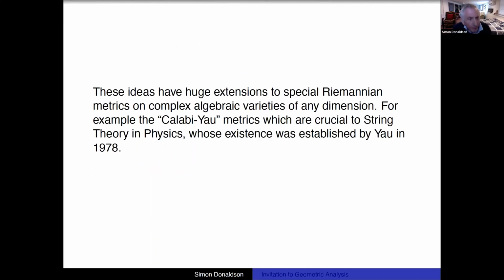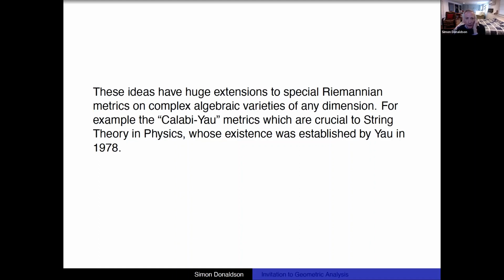But going back to Riemannian geometry, these ideas have huge extensions to higher dimensions, to studying the existence of special Riemannian metrics on complex algebraic varieties of any dimension. One example of this is what are called Calabi-Yau metrics, whose existence was proved by Yau in 1978 using PDE arguments.